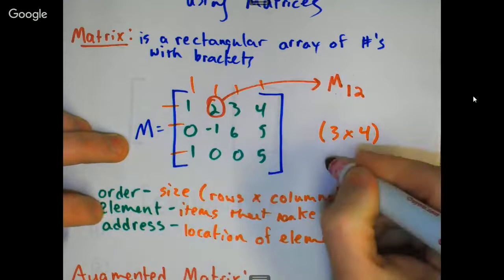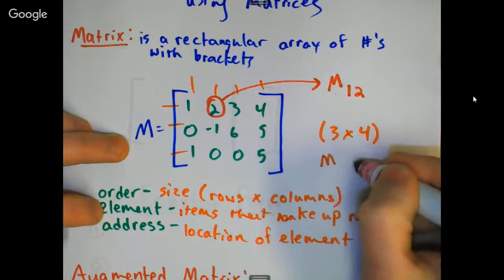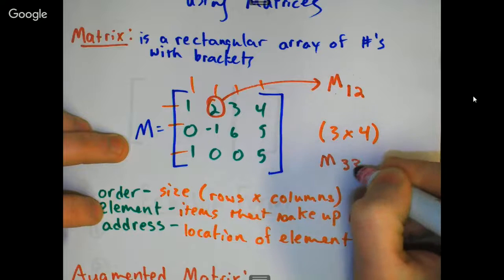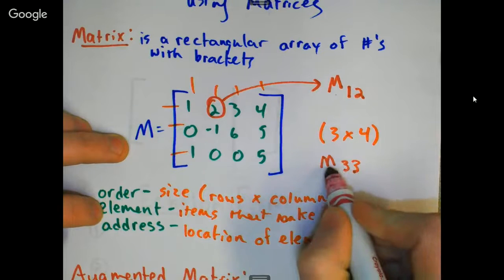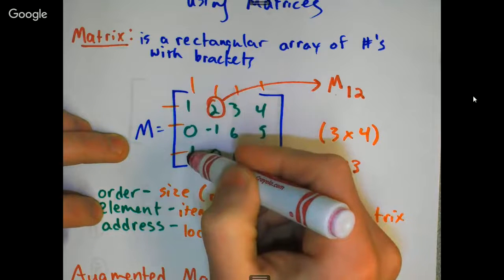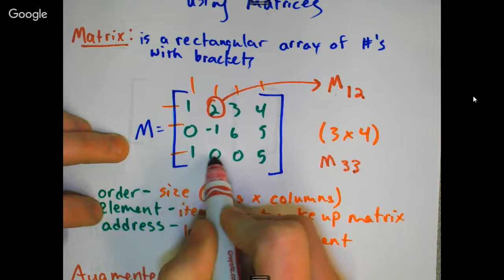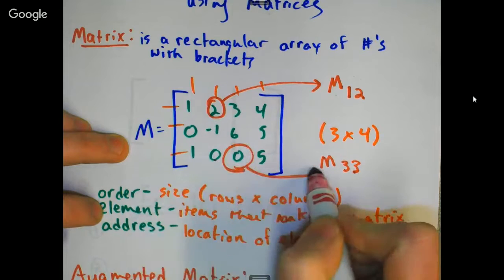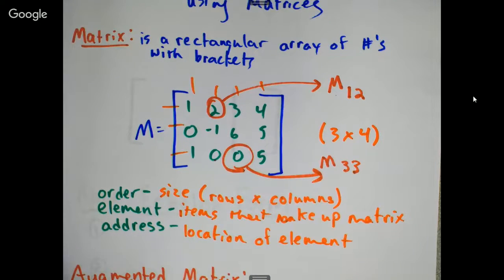Okay, and we could look at M3,3. So that would be the matrix M, third row, 1, 2, 3, third column, 1, 2, 3. So we're talking about that element right there.